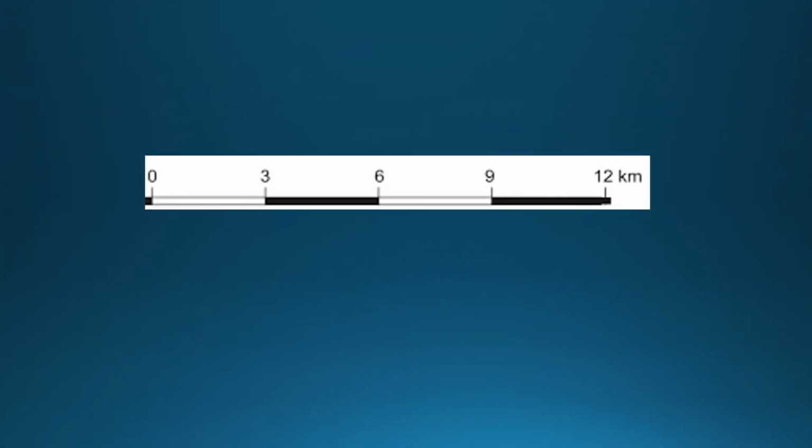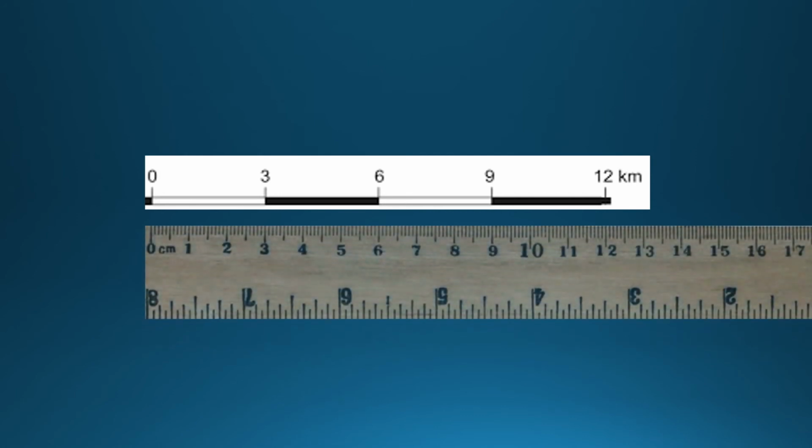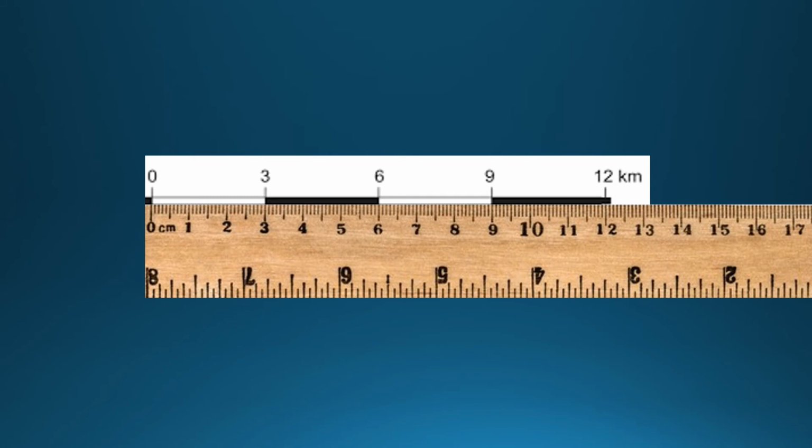We have our scale here. Again, the idea is to find out what is the distance between the 0 and 3 kilometers. So we're going to place our ruler, again ensuring that the 0 on the ruler is also directly under the 0 of the linear scale.